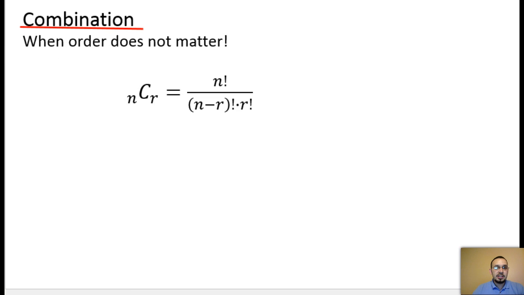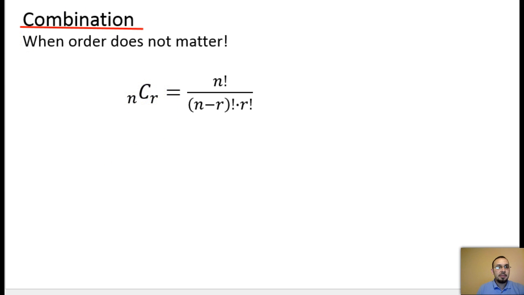If we look at our formula, we notice that we have nCr for combinations. Another way to read it is n choose r. We want to take n objects and choose r at a time.